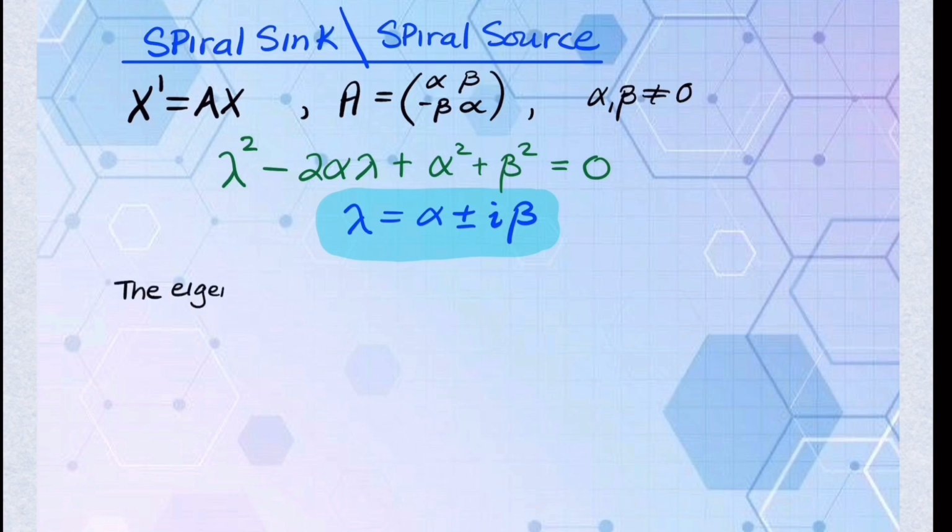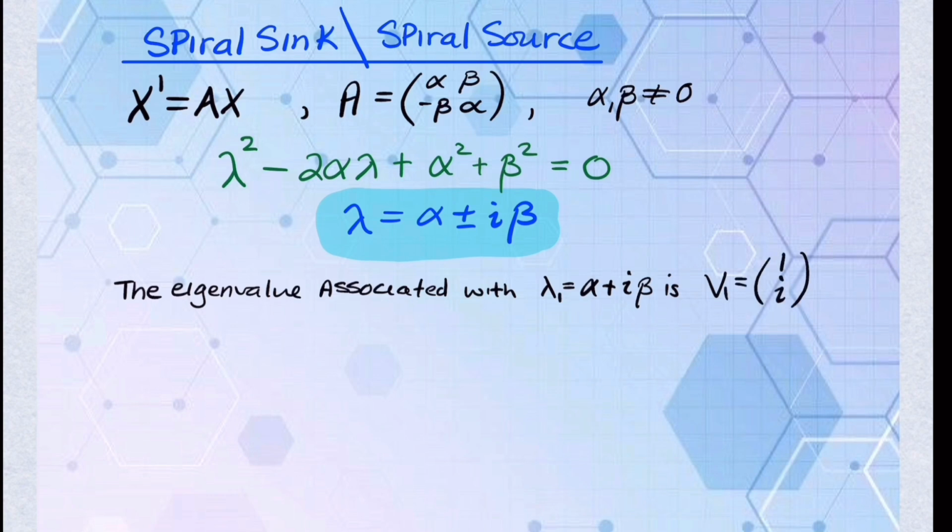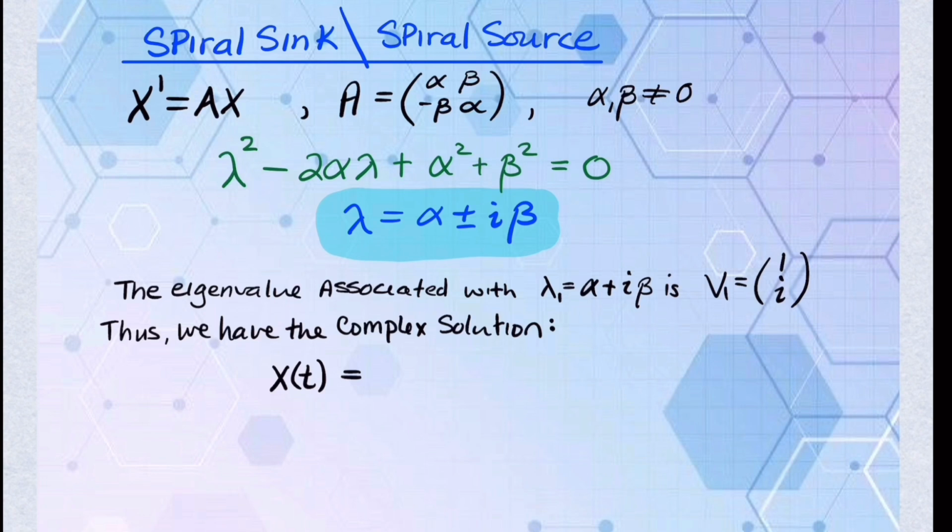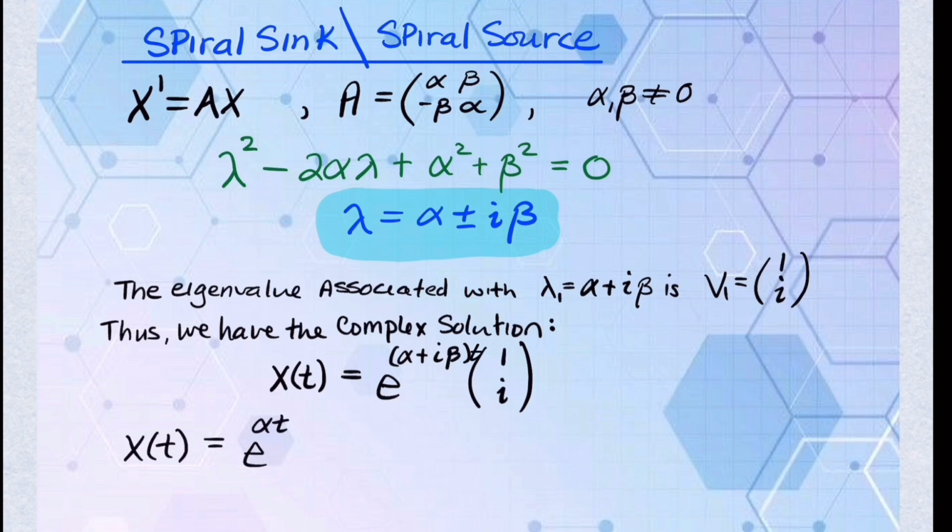Next, we would determine the eigenvector associated with lambda equal to alpha plus i beta, and that vector is (1, i). Therefore, we have the complex solution x of t equals e raised to the (alpha plus i beta) times t times the vector (1, i).